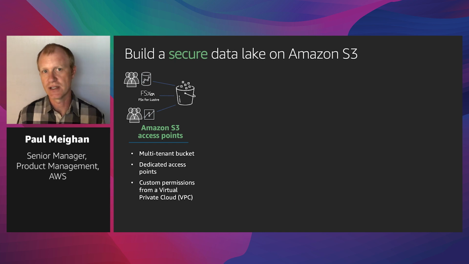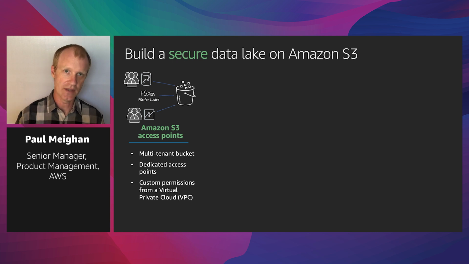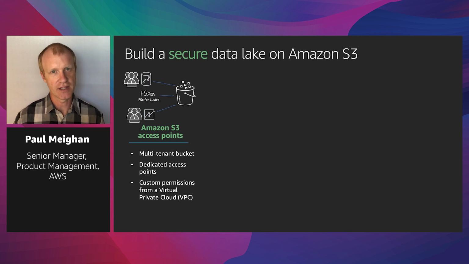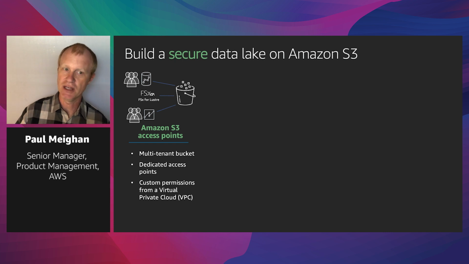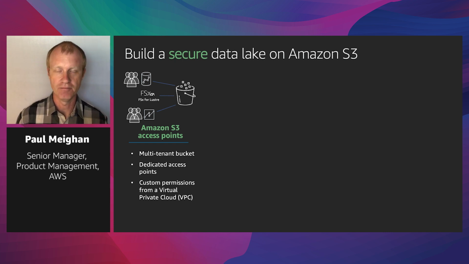Now, the benefit of doing this is that you get to write a full IAM access policy for each one of those access points. So you're able to be very expressive in how you define the permissions for that stakeholder that's accessing your data. You can do things like pin an access point to a VPC. And they're also ephemeral.